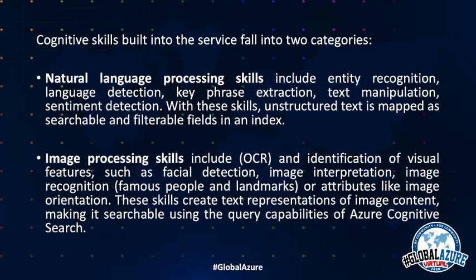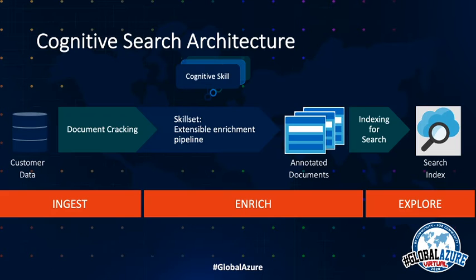So basically what you already know from the cognitive services, but now everything is connected. Again, this information is translated to text representations, and you can search or use the index. So this is the top level layer, but what is happening inside?